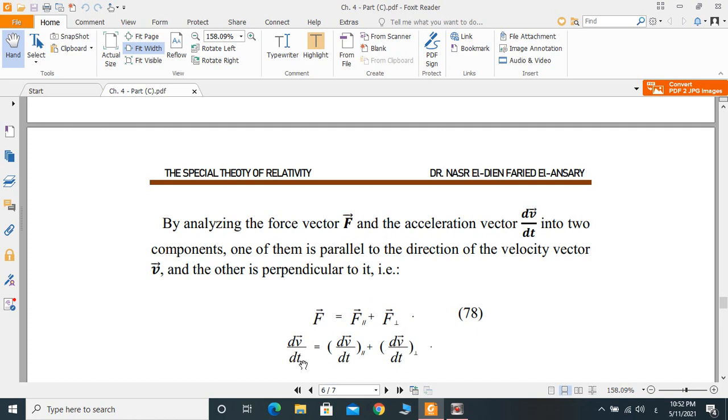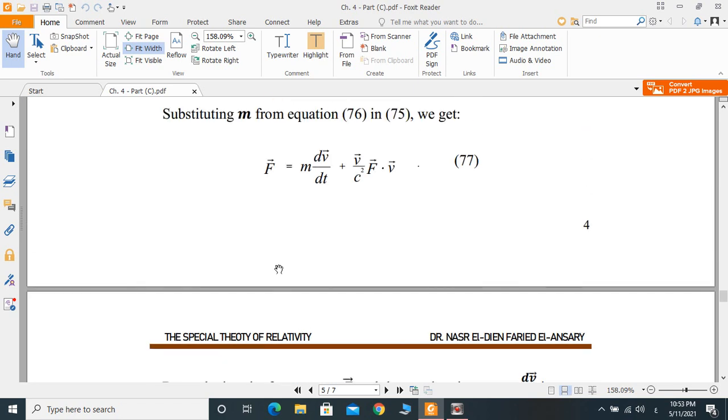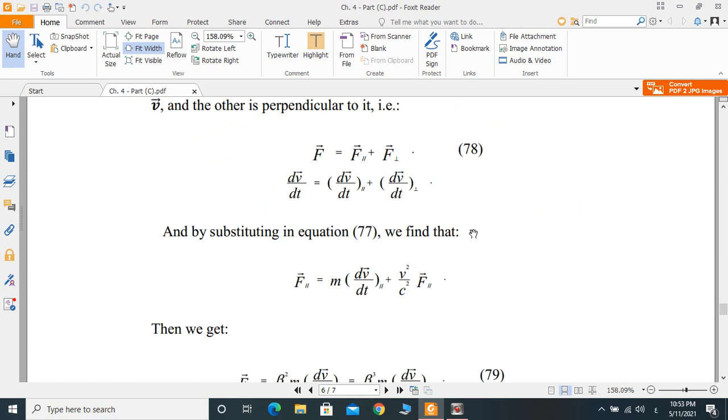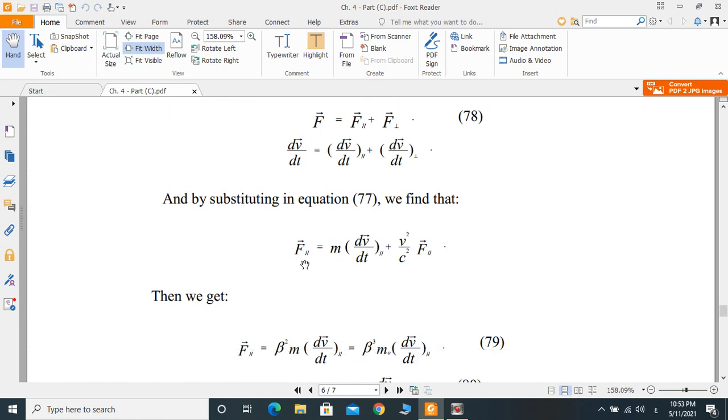Substituting from 78 these components into 77, we get the following vector components of equation 77: F parallel equals m dv by dt parallel plus v square by c square F parallel.